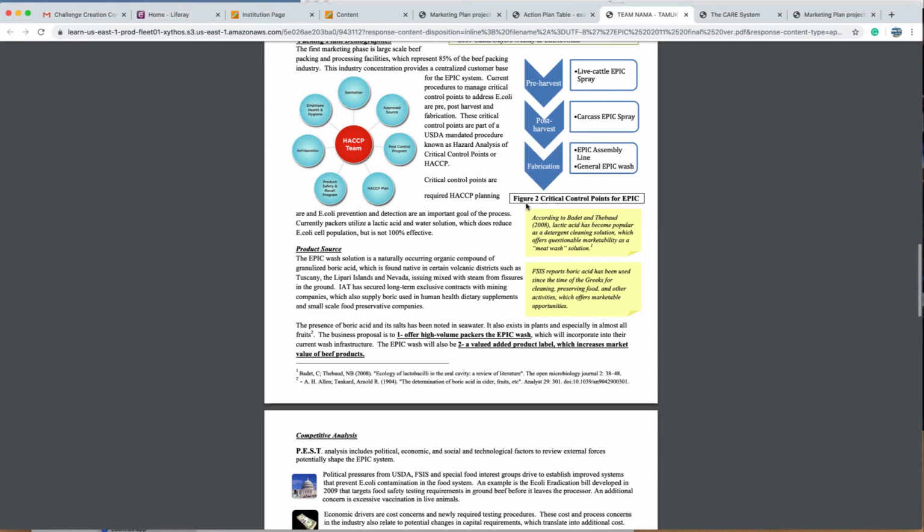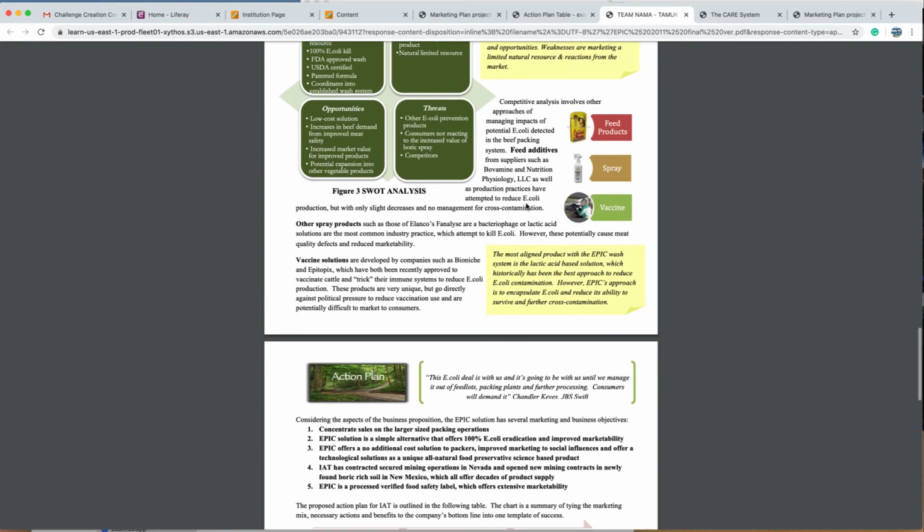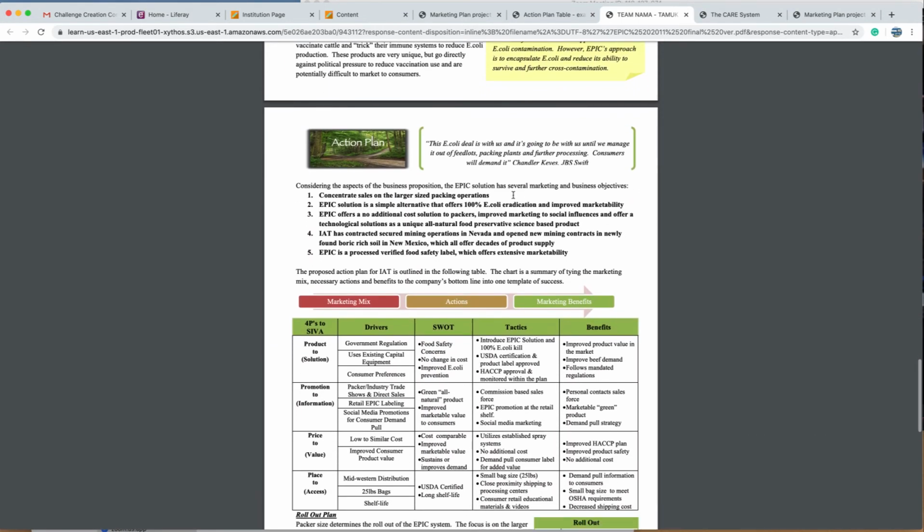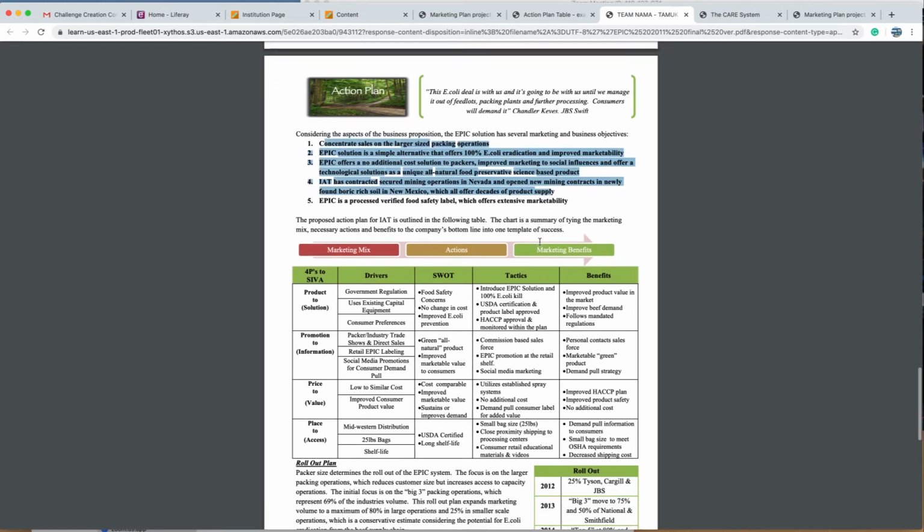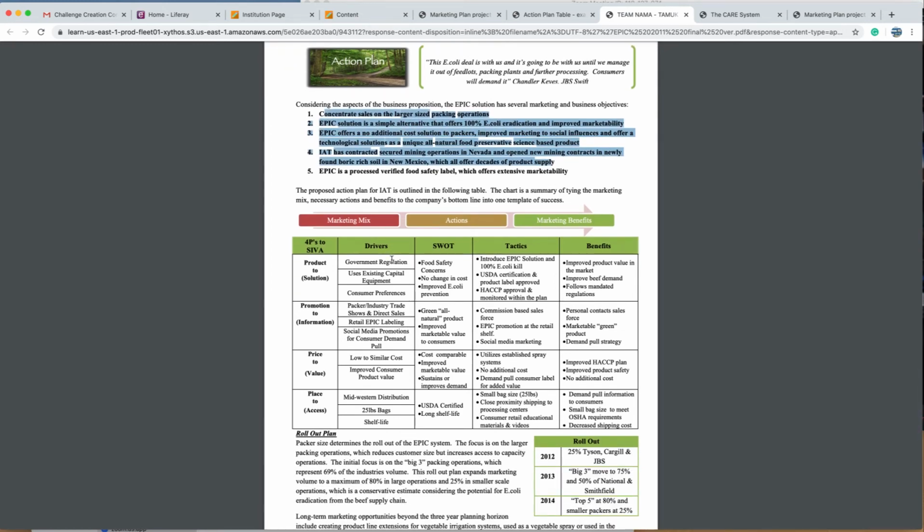But if you take a look at the marketing plan, I am talking to you about the action plan that is right here. So here is a complete action plan that goes through and talks about drivers. Now this breaks it out into SWOT and tactics. We hadn't really talked about these yet, but this is really the action plan. And then here is the reason that they buy.